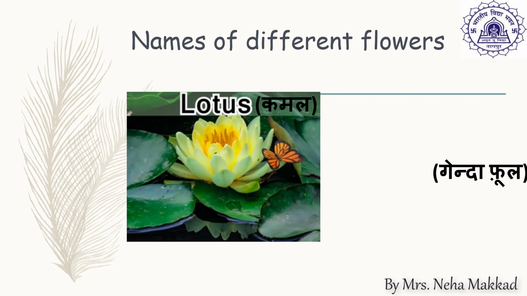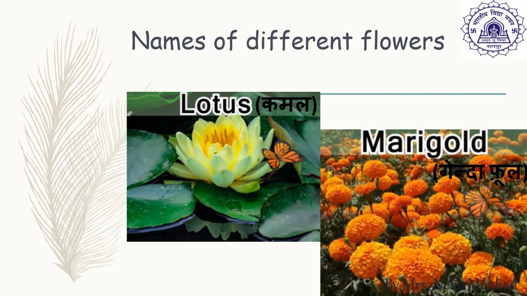Now children, these flowers you have seen in the garden many times. Now, the lotus flower, which is also known as kamal, the unique thing about this flower is that it grows in water.